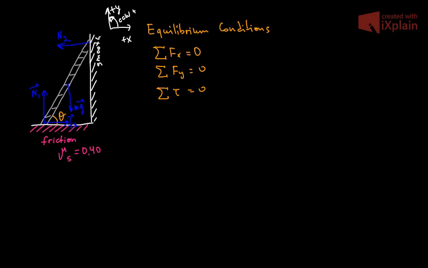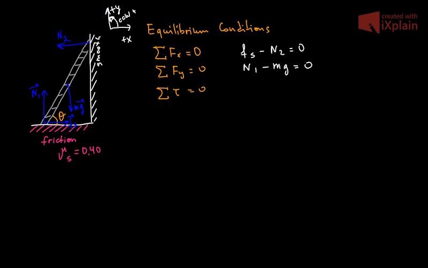Now, the sum of the forces on x: we have N2 and Fs, so Fs minus N2 equals 0. The sum of the forces on y: I have N1 that is positive minus mg, which equals 0.